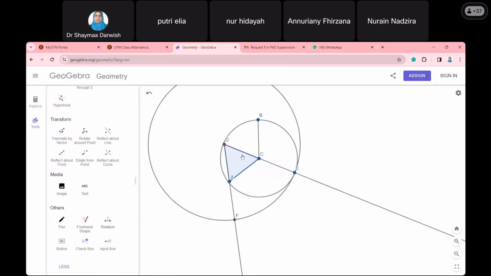DE equal to DF, DC equal to DA. What can you conclude? AF equal to CE. Yes, correct. AF is equal to CE.